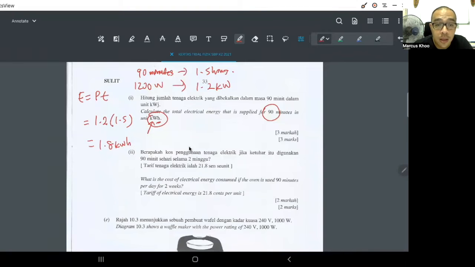1.8. So what is the cost of the electrical energy consumed if the oven is used 90 minutes per day for 2 weeks? For 2 weeks, 90 minutes per day. This is the energy in 90 minutes per day. 2 weeks will be 14 days, right?